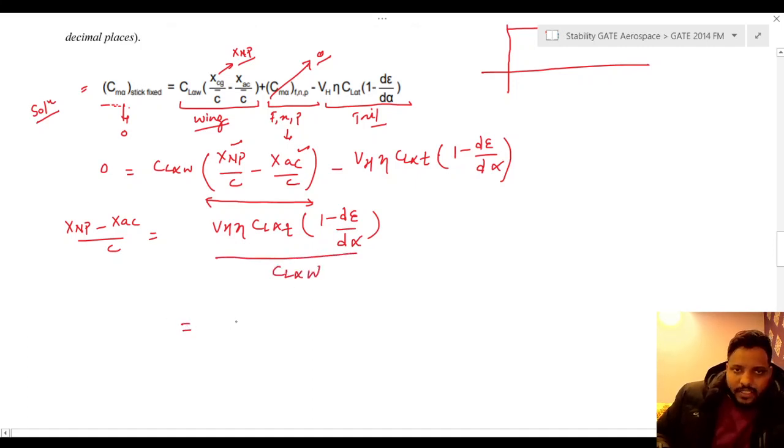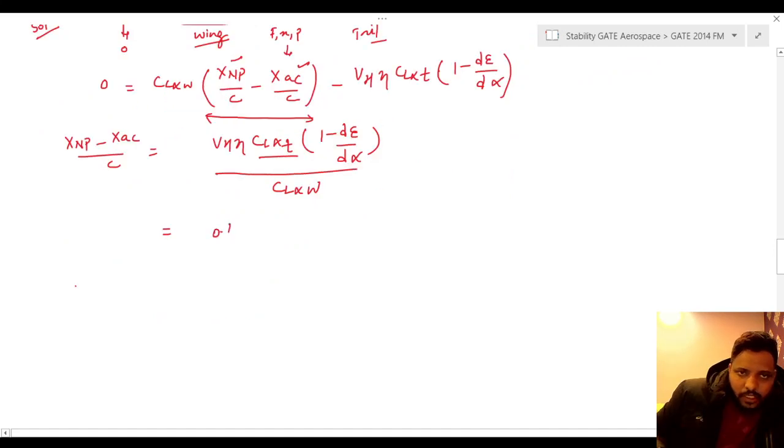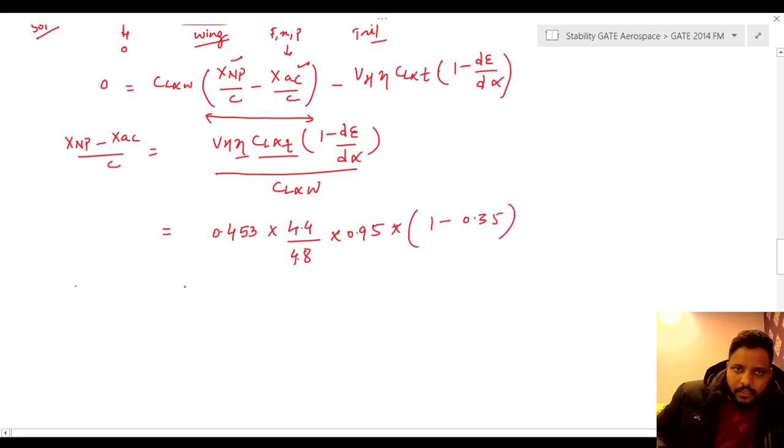VH is given as 0.453, CL alpha T is given as 4.4, CL alpha W is 4.8, eta is given as 0.95, and d epsilon by d alpha is 0.35, so 1 minus 0.35. So what I get is 0.453 into 4.4 by 4.8 into 0.95 into 0.65.